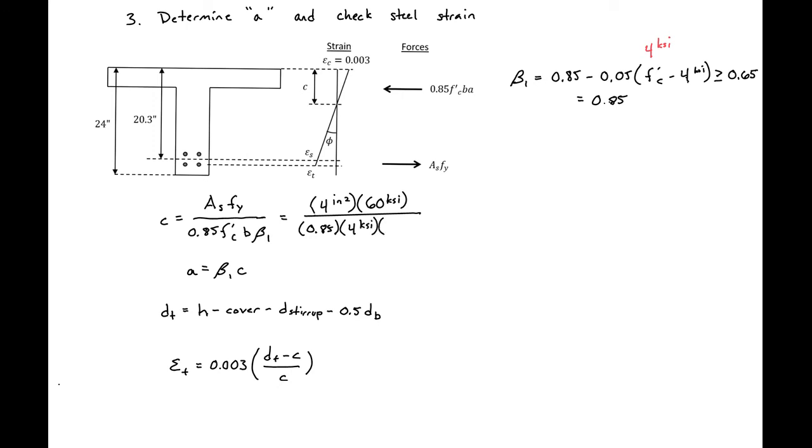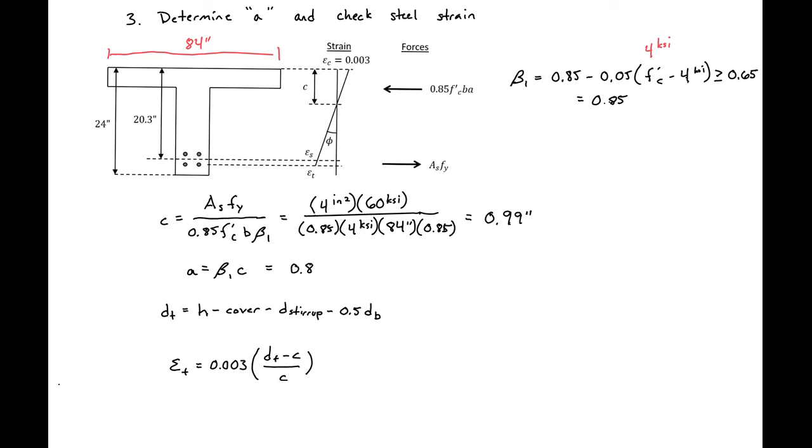Our b we found is the width of our top flange, 84 inches. So remember that's the width of our top flange that we found in an earlier step. And then our beta 1 is 0.85. So we then find our c to be 0.99 inches.